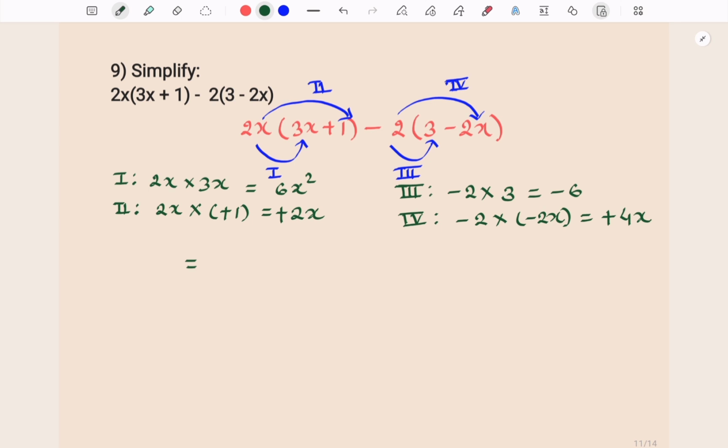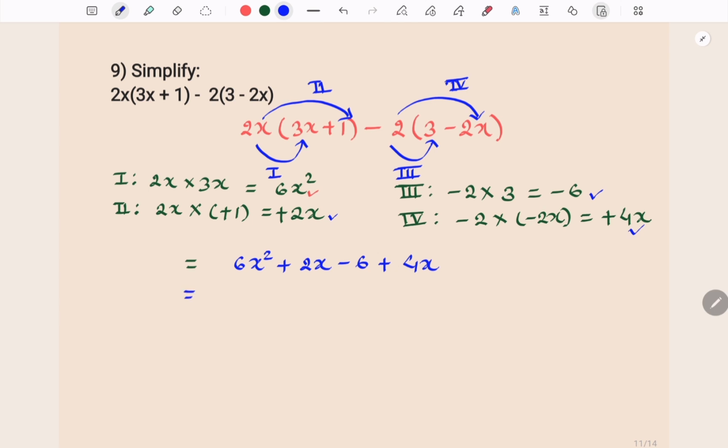So from the first multiplication we have 6x squared. From the second multiplication we have plus 2x. From the third multiplication we have minus 6, and from the fourth multiplication we have plus 4x.